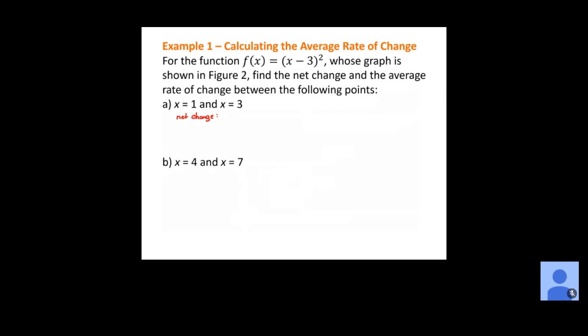Almost, right? Just make sure you start with f of b. We always start with the larger x value. So it's going to be f of b minus f of a. So that's our net change formula.